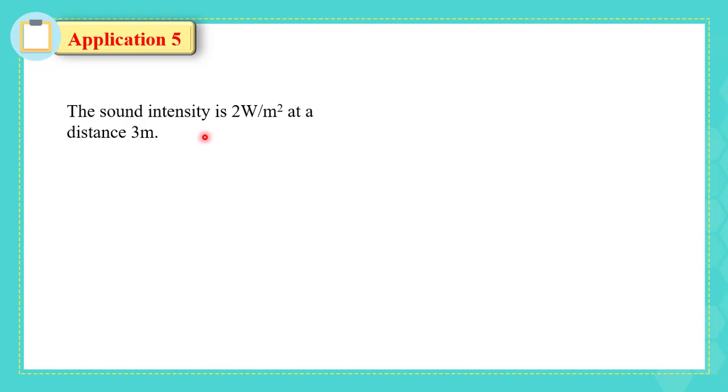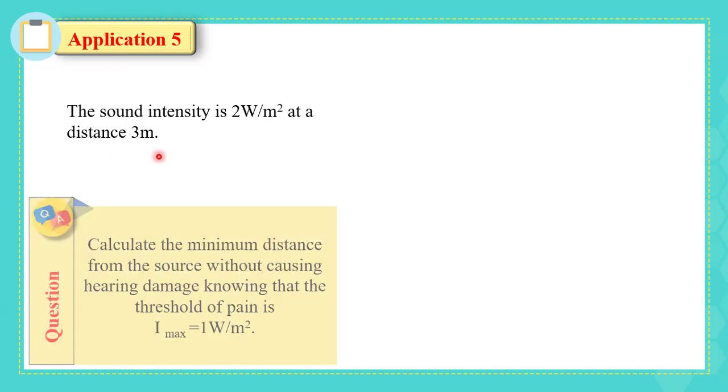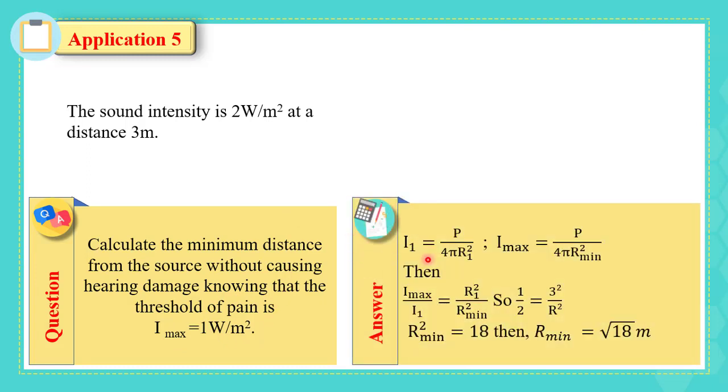The sound intensity is 2 watt per meter squared at a distance of 3 meters. We should calculate the minimum distance from the source without causing hearing damage, knowing that the threshold of pain is Imax equal to 1 watt per meter squared. So first we will calculate the intensity of sound at distance 3 meters, which is P over 4 pi r squared.